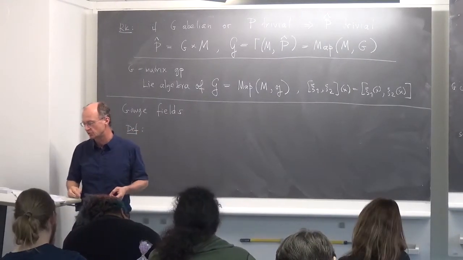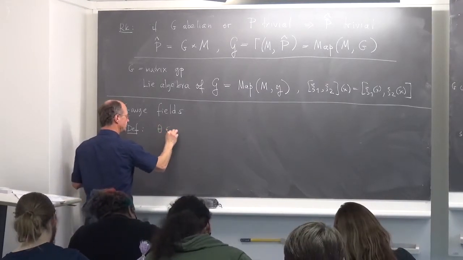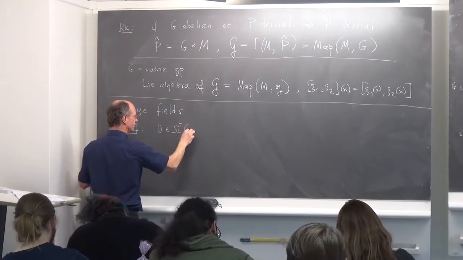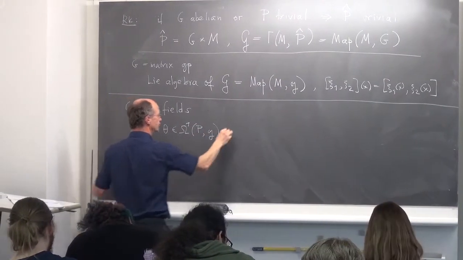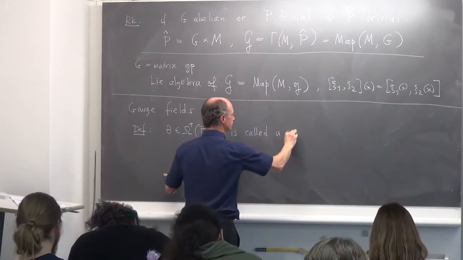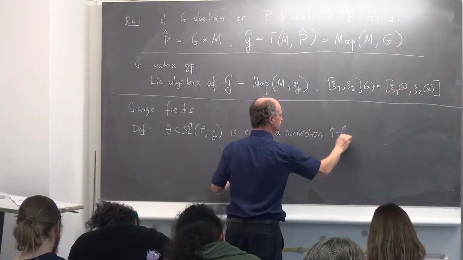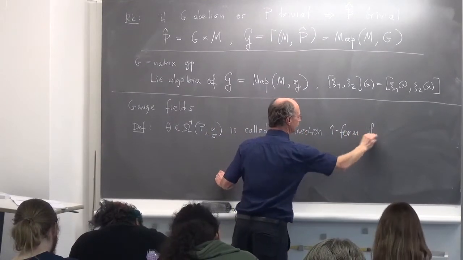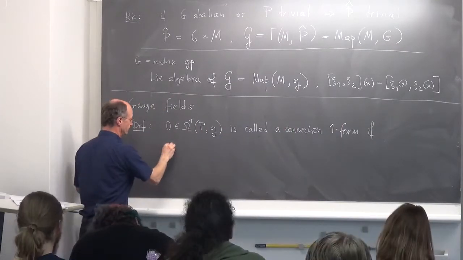Again, we already saw this notion, but let's repeat it. So theta in Omega^1(P) with values in the Lie algebra g is a connection one form if it satisfies the following properties.